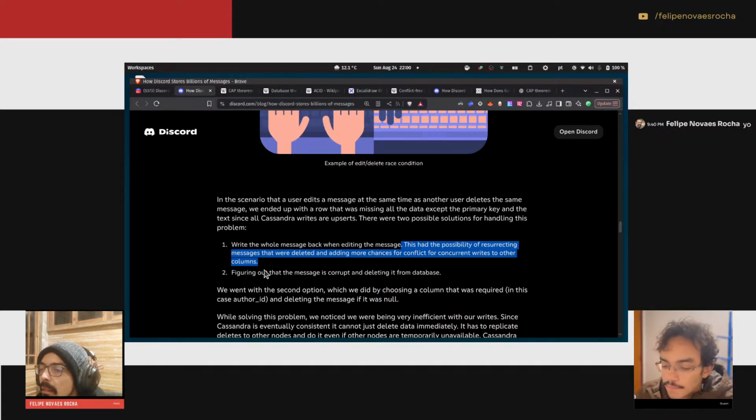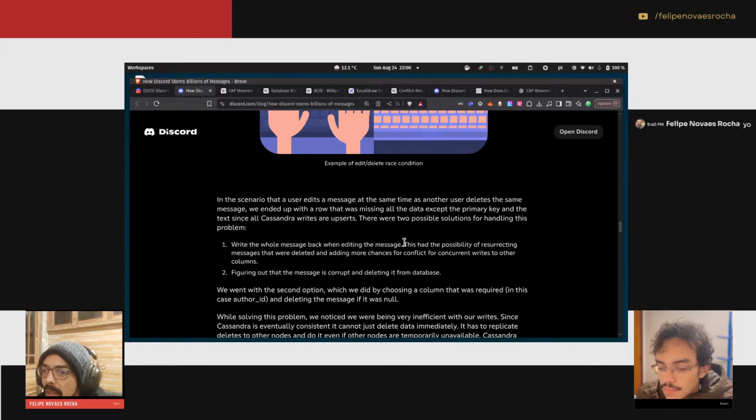They gave the solution, but also just stated the problem. Yes, you can write the whole message back, but there's the possibility of resurrecting messages that were deleted, and adding more chance of conflict for concurrent writes to other columns. And second, figure out that the message is corrupt and delete it from the database.